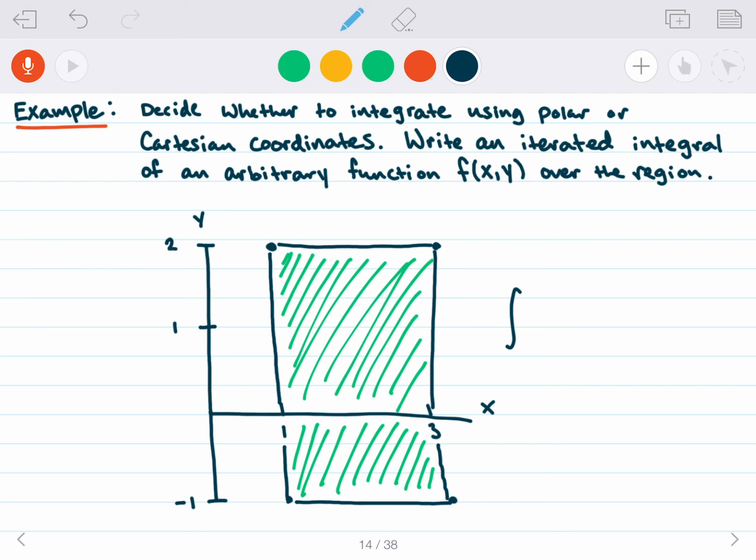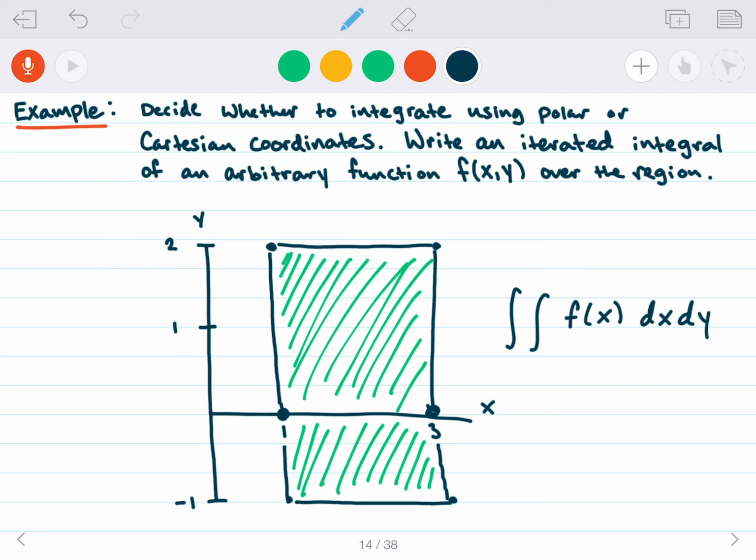So here's our arbitrary function. We're going f of xy, and we can do dy dx or dx dy. It really doesn't matter. But x is varying from x equals 1 to x equals 3. And notice that x doesn't depend on y at all. X just depends on itself. So we don't have to write x in terms of y.